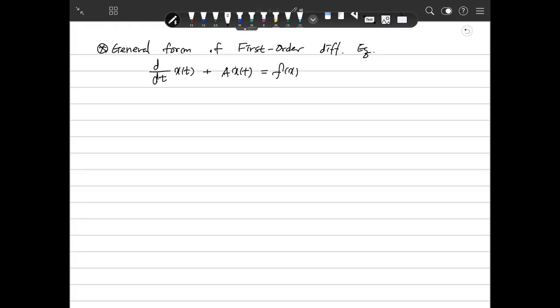Our goal is to find x(t). That means we will solve the first order differential equation.